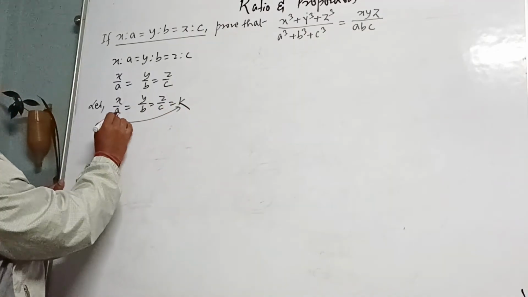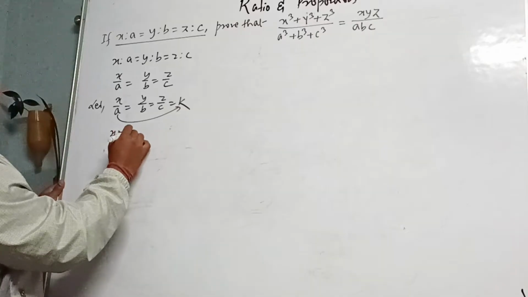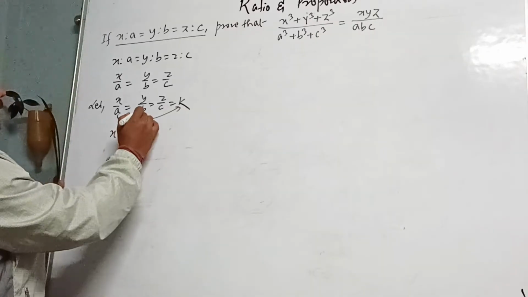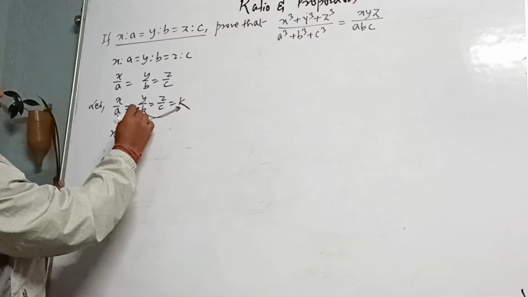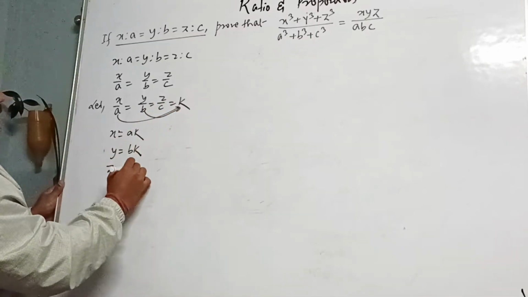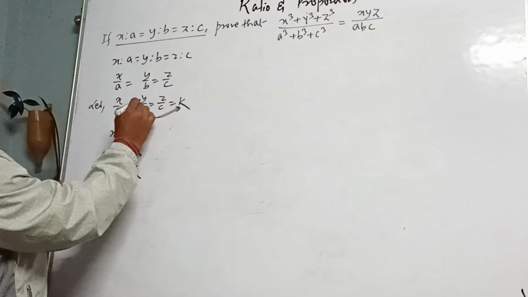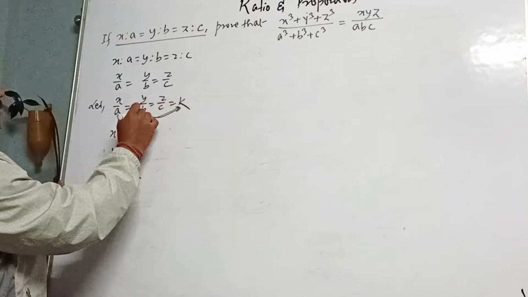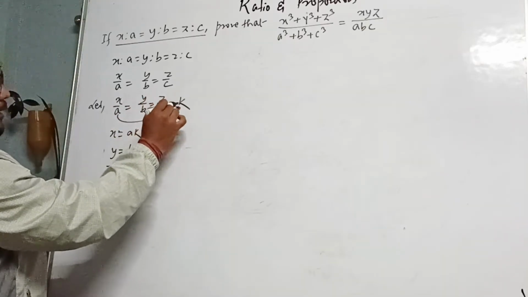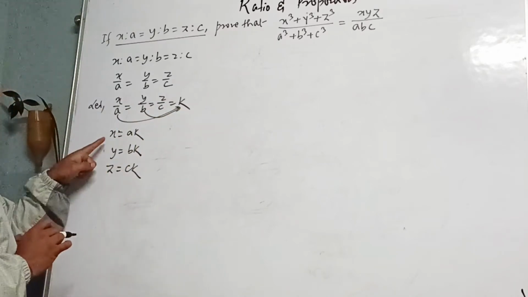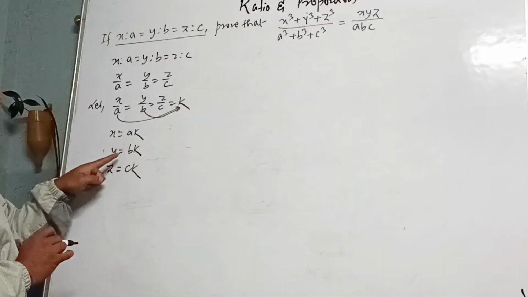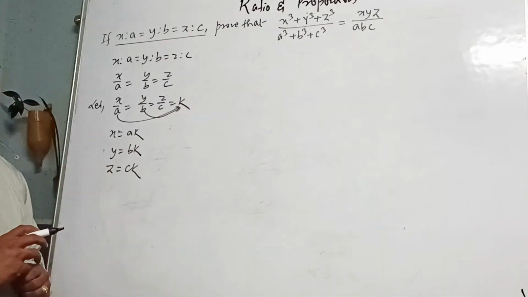So from this relation, when you cross multiply, you will get x equals ak. In the similar manner, y equals bk, and z equals ck. y by b equals k means y equals bk, and z by c equals k means z equals ck. Okay. So from here we have found the value of x as ak, y as bk, and z as ck.